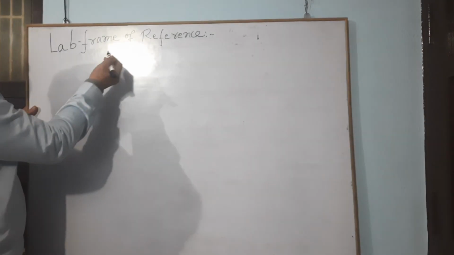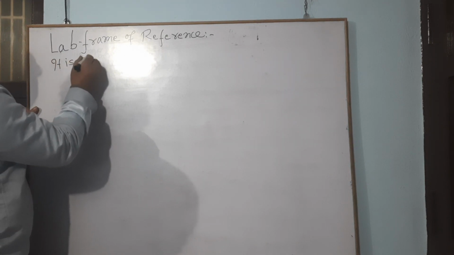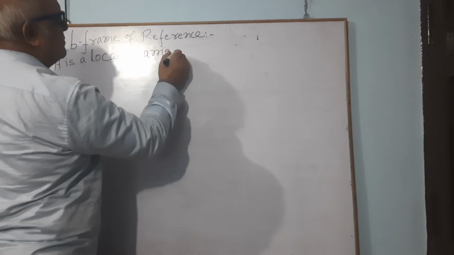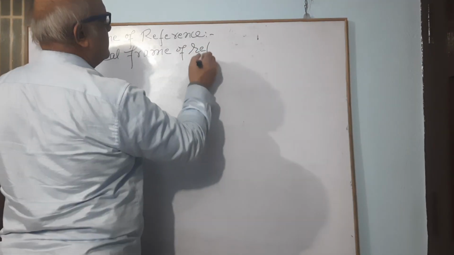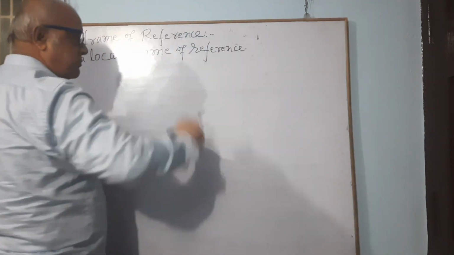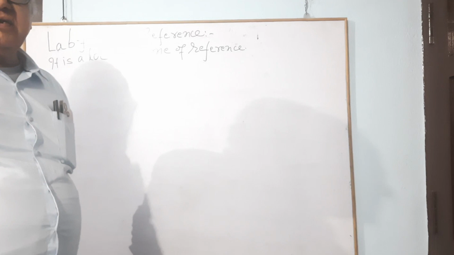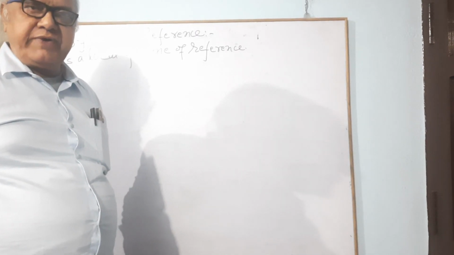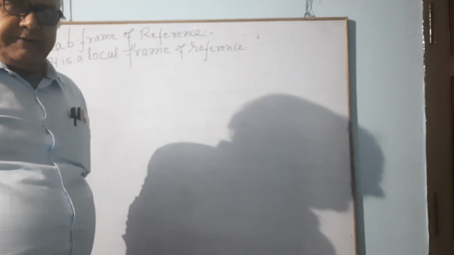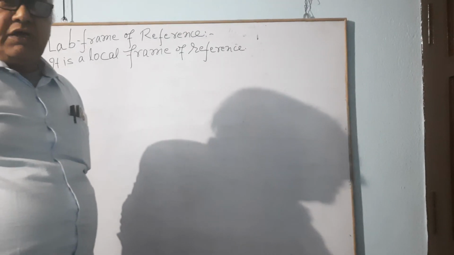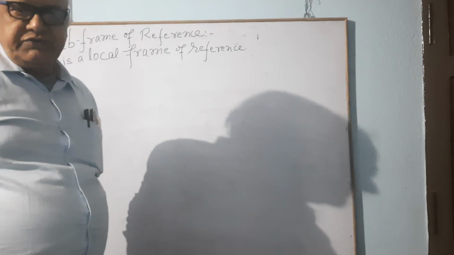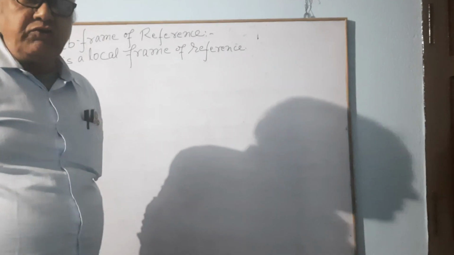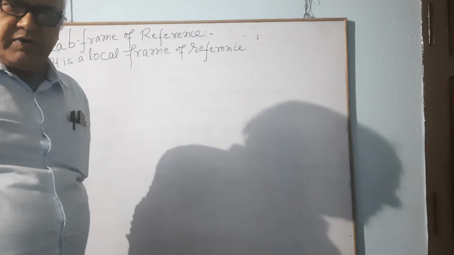It is a local frame of reference. Local in this sense that it is fixed in the laboratory, and by saying local frame of reference, we want to explain that in this frame of reference, the value of gravitational force is assumed to be everywhere constant, everywhere uniform, because it is local frame of reference.